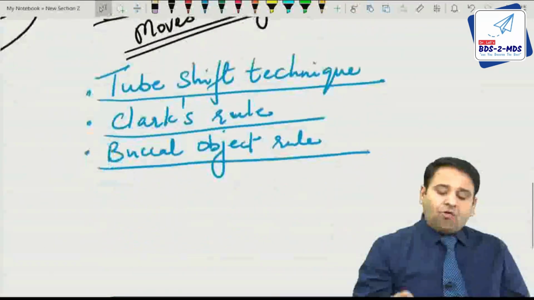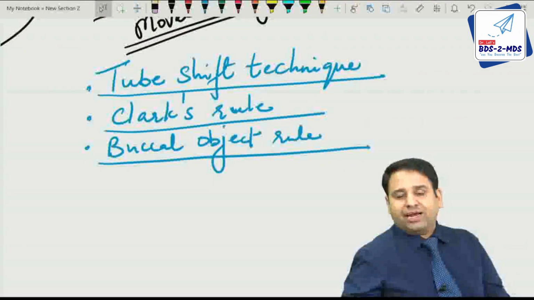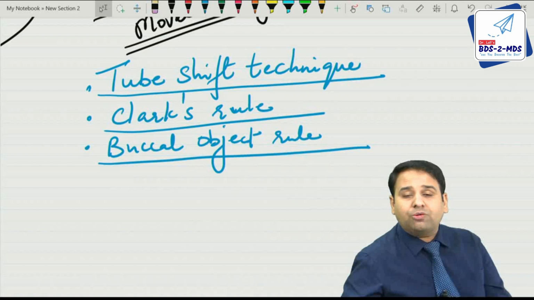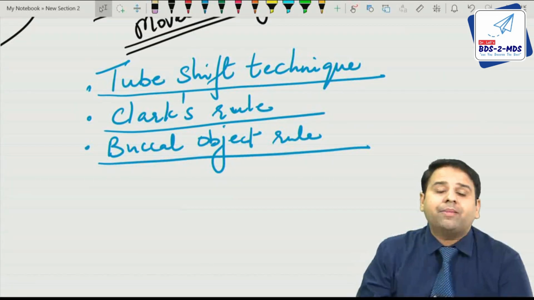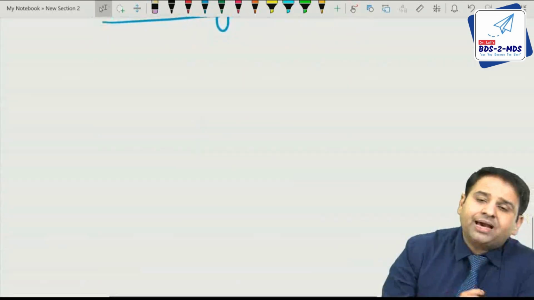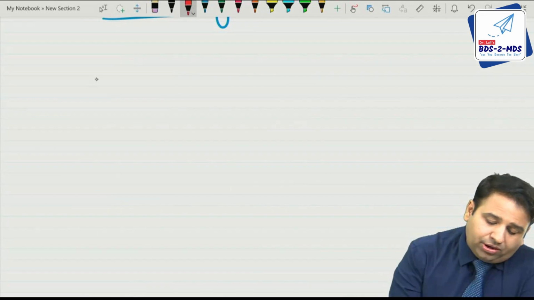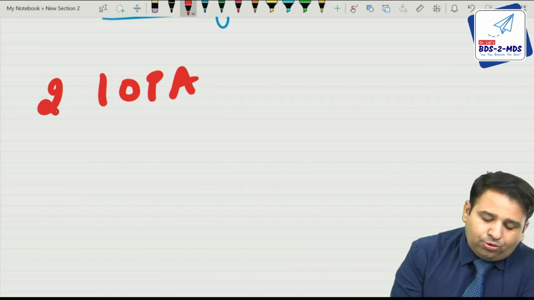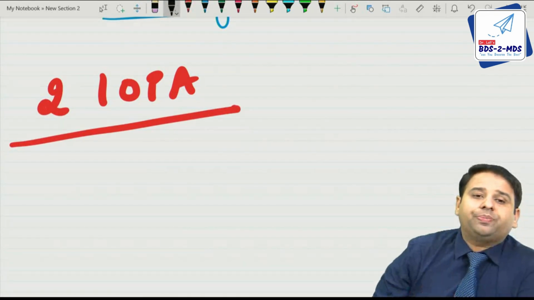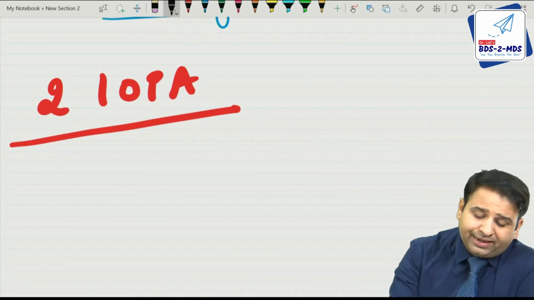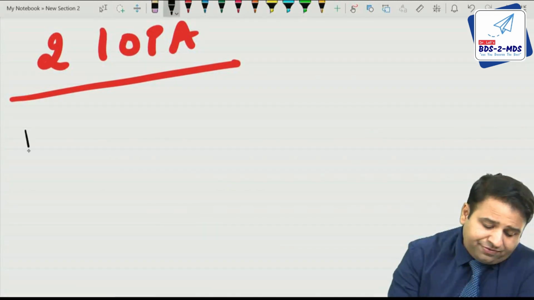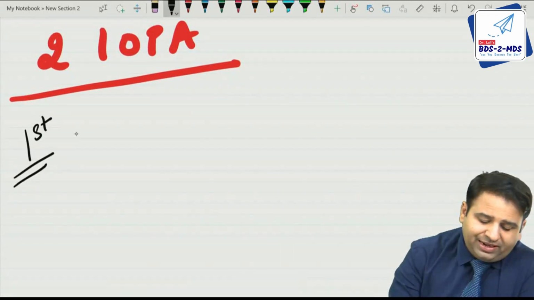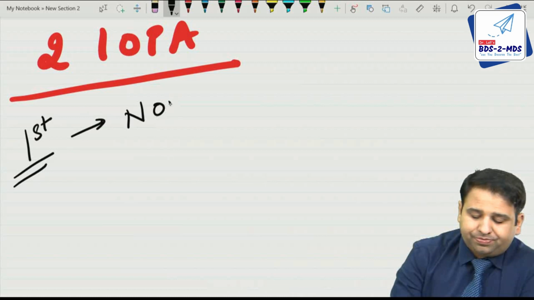So let us see what this tube shift technique or Clark's technique or buccal object rule or SLOB rule or BAMA rule says. Here we take two radiographs, that is, two IOPs, right? The first radiograph we take normally.